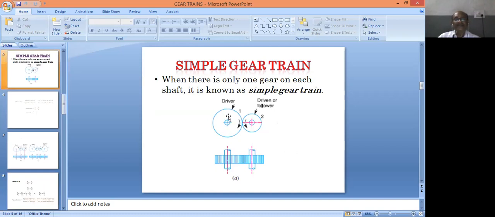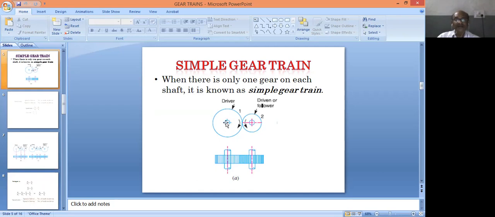A shaft carries a gear wheel 1 and another shaft carries a gear wheel 2. Here gear wheel 1 is assumed to be given the power, so it acts as the driver. The driving gear 1 drives gear wheel 2, so gear wheel 2 acts as the driven wheel or follower.